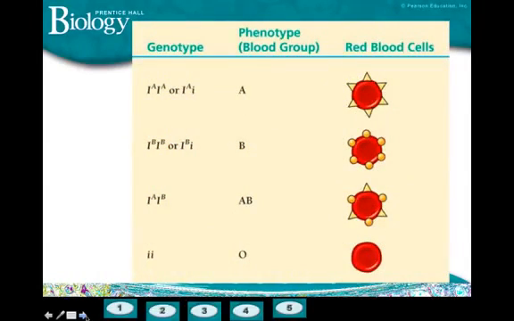What exactly does that mean? Well, you can see here, and you should jot this down in your note packet, that there are two different genotypes in order for somebody to inherit A. You can inherit two of the dominant alleles for A blood type, or you can inherit the A allele and that recessive O allele.